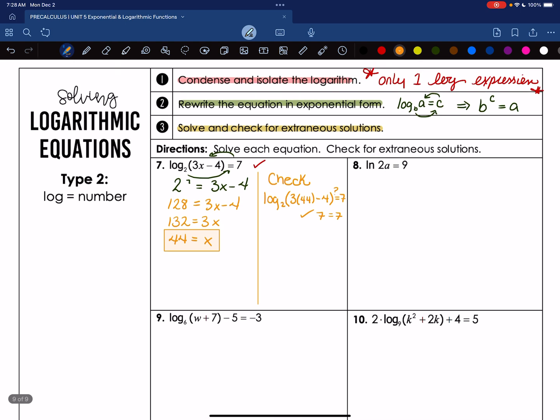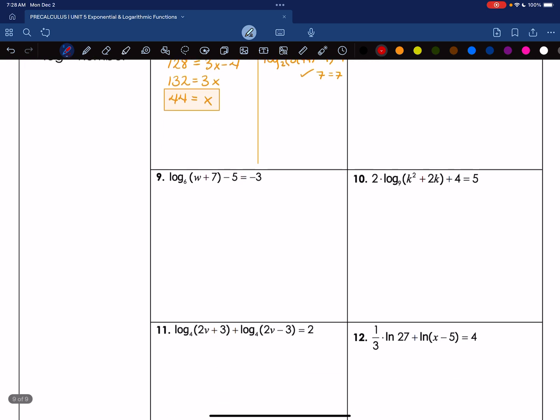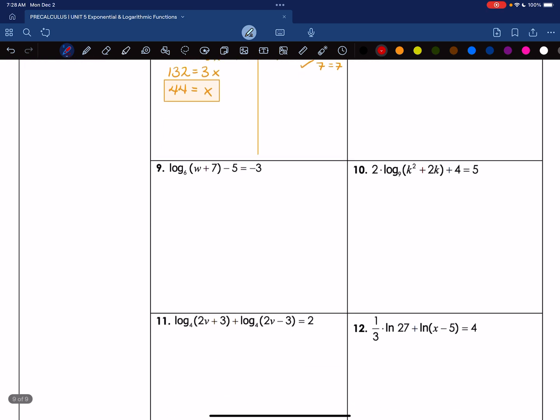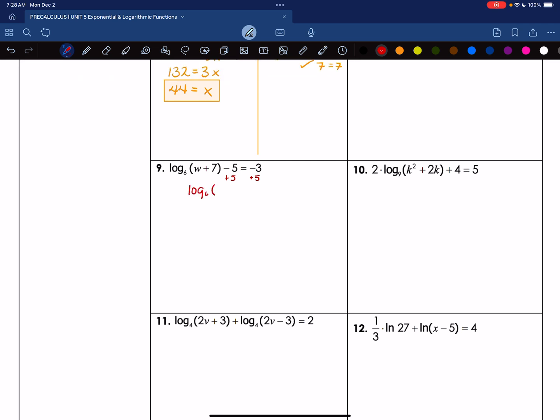Our first step in this next example is going to be to isolate and condense our logarithm. And I'm noticing here that my log isn't actually all by itself just yet. What I'm going to want to do is take and move this constant to the other side. Now it's ready. Now we've got our logarithm condensed and isolated.